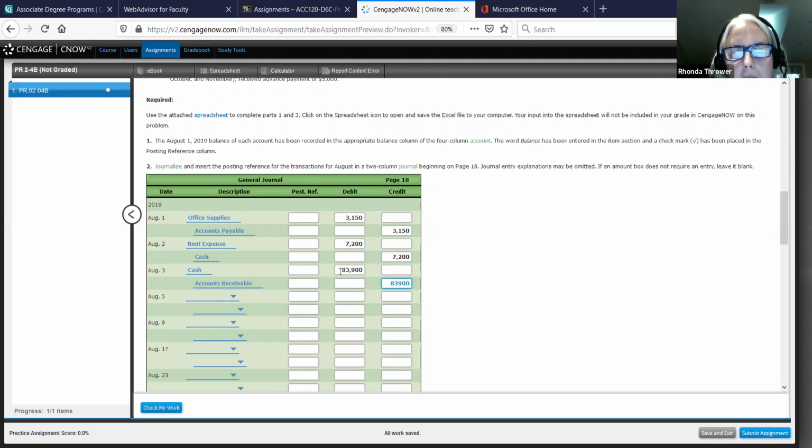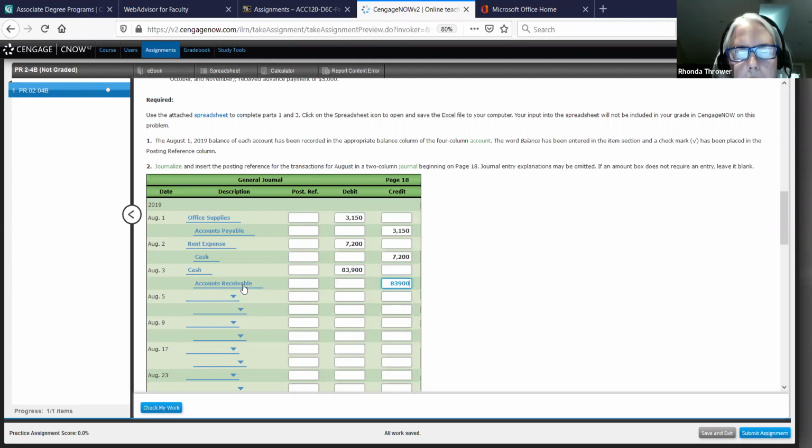My cash increased, which was an asset. My accounts receivable decreased, which is an asset. Overall, because of this transaction, there was no change in the total of the assets. We just exchanged one asset for another. So transactions can affect only one side of the accounting equation, as this one did.